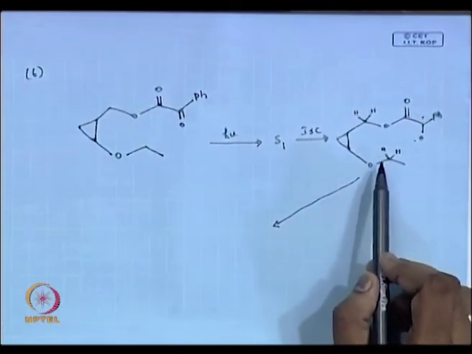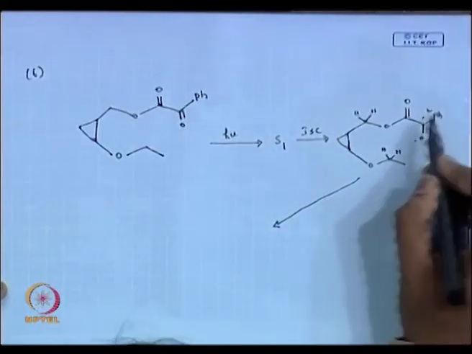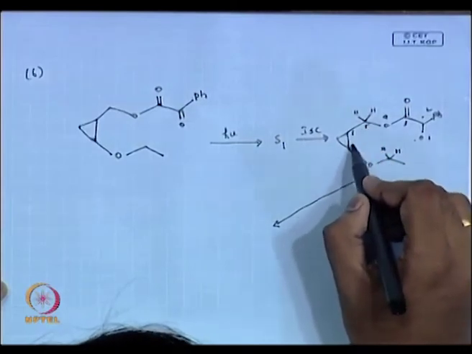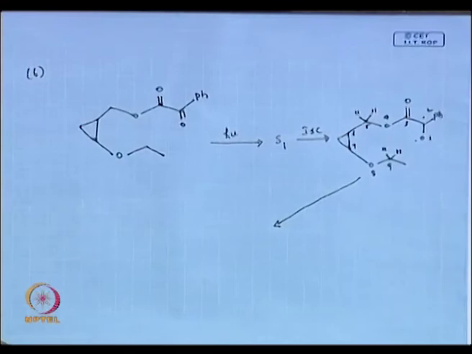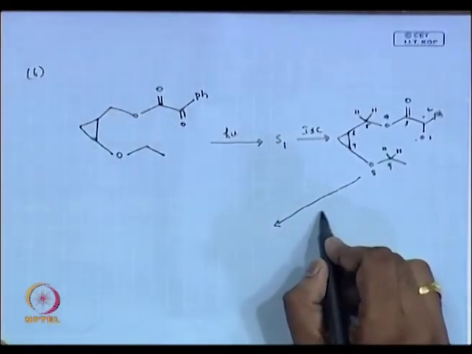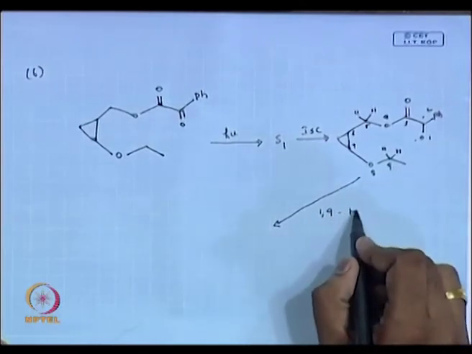So, this should be your 9, right? 1, 2, 3, 4, 5, 6, 7, 8, 9. So, it is your 1,9 hydrogen abstraction. You can say hydrogen abstraction.